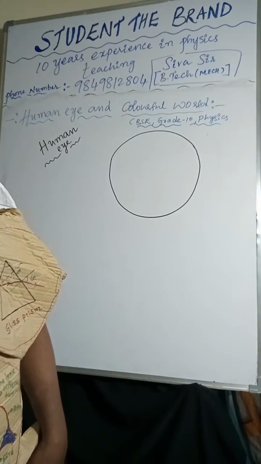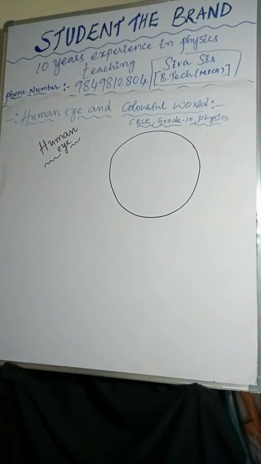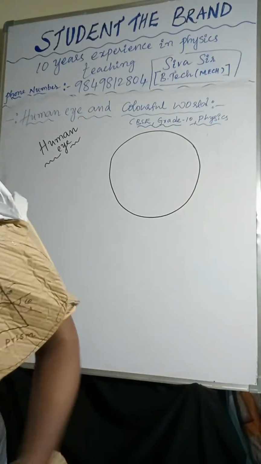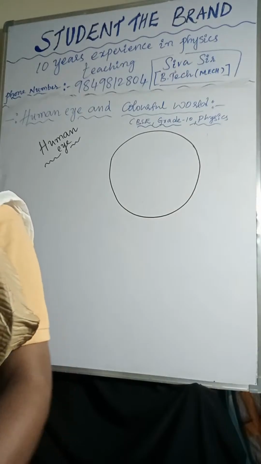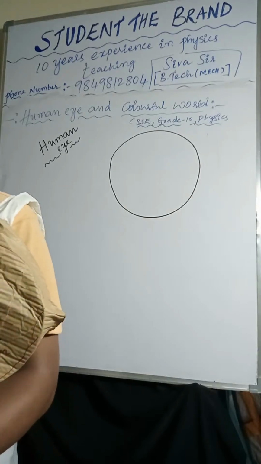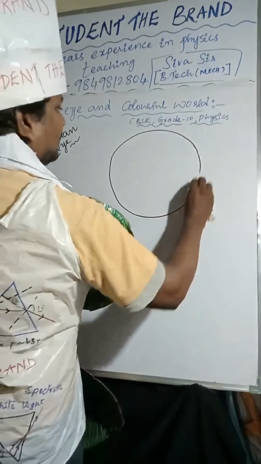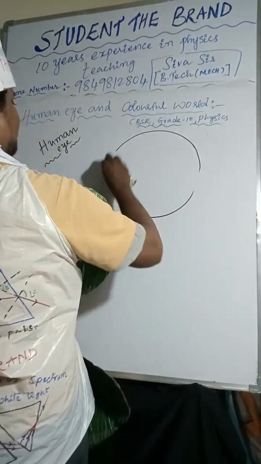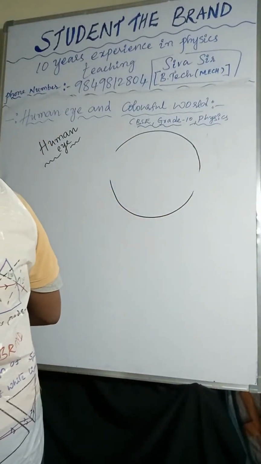Okay. So here you can see, you can rub this portion and this portion. If you rub this portion and this portion, then we'll get it.